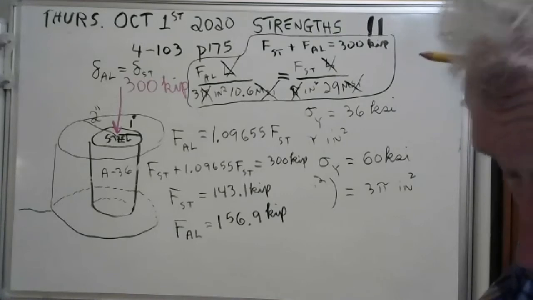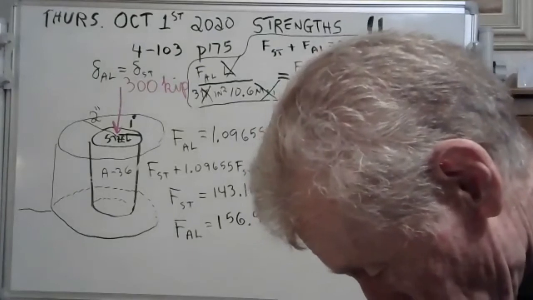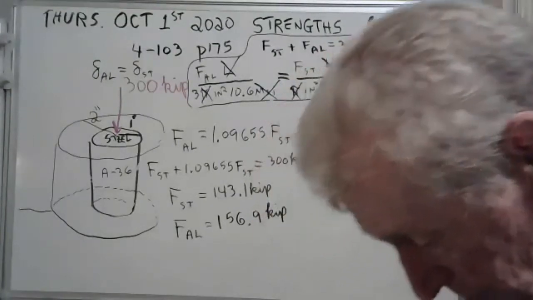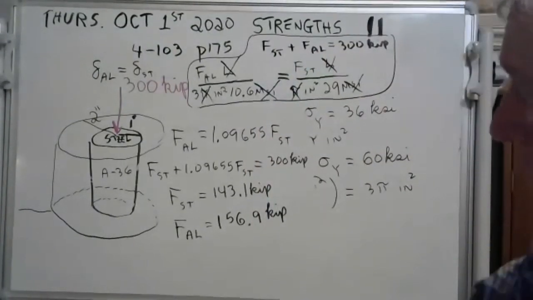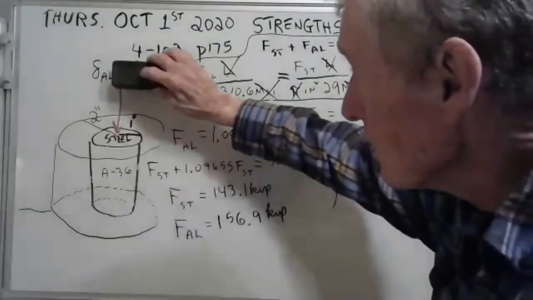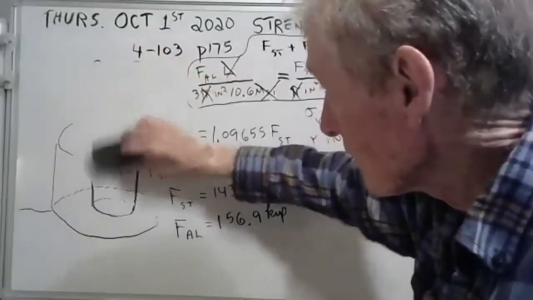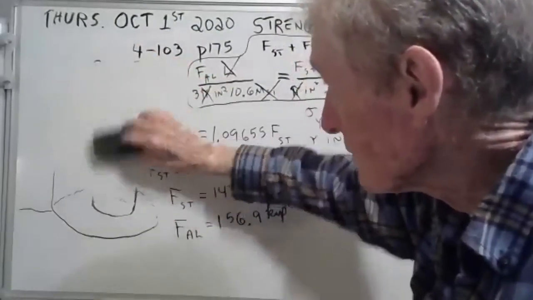But we have to find the stresses. If you read the problem, they want to know the stresses. Okay, well, we can do that. I just need some room. I'll make some room over here. There's all kinds of room over here.